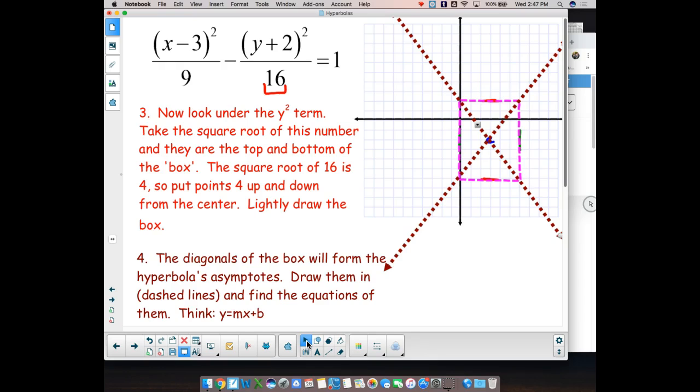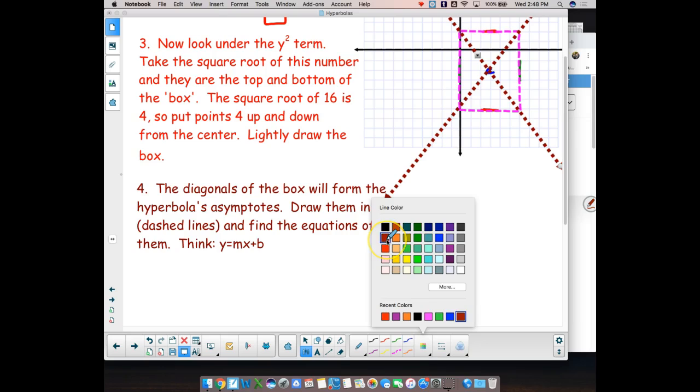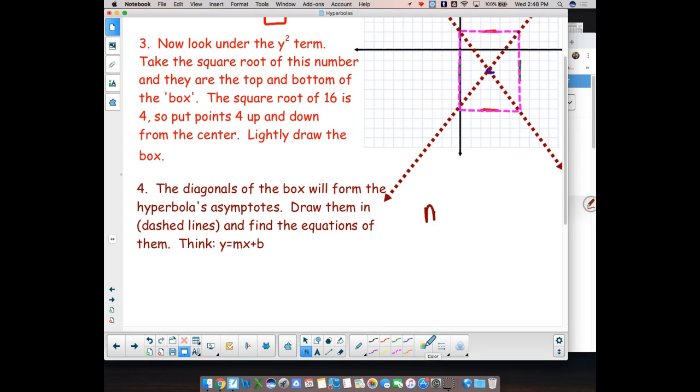Now, because we have those wonderful lines that are asymptotes, we should be able to come up with those asymptotes' equations. Okay? Now, here's the cool thing about hyperbolas. The slope of the asymptotes is equal to plus or minus b over a.